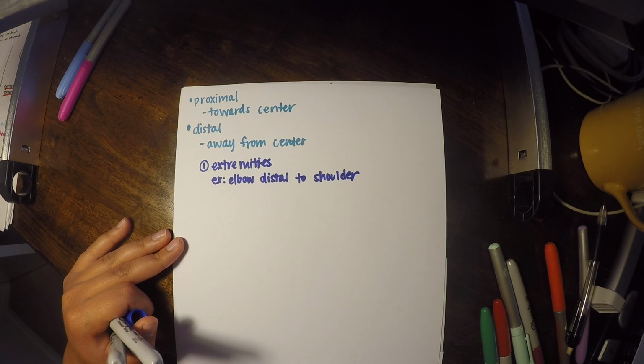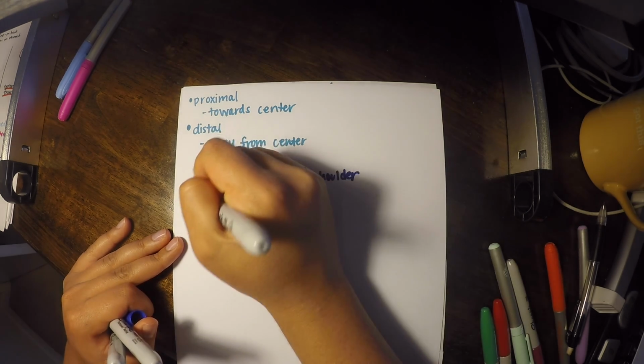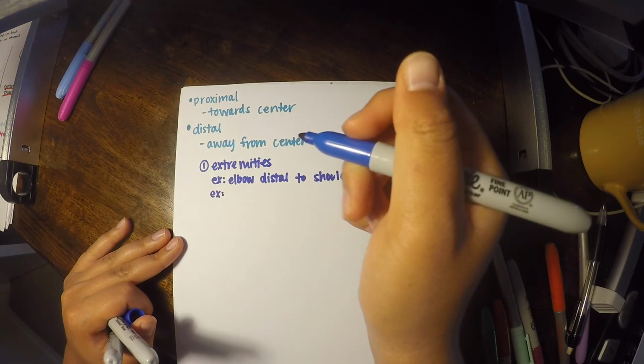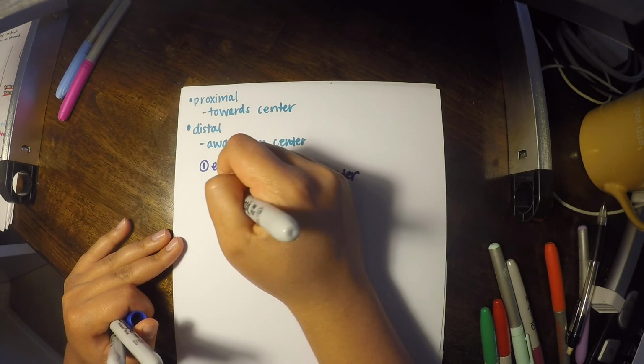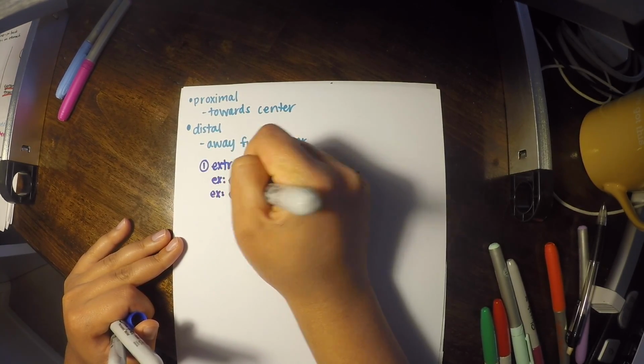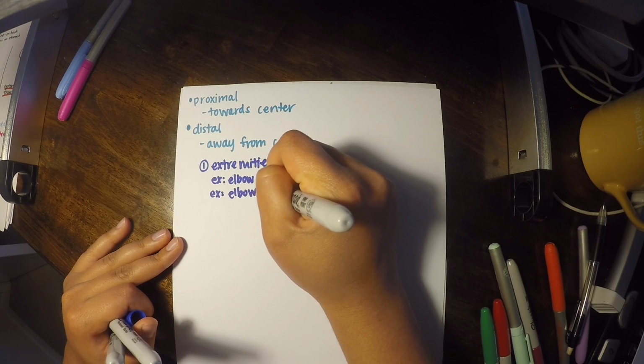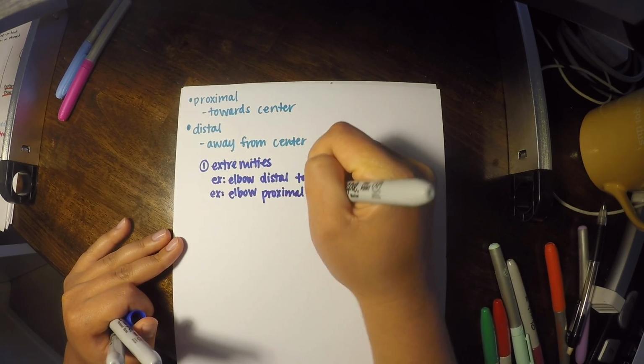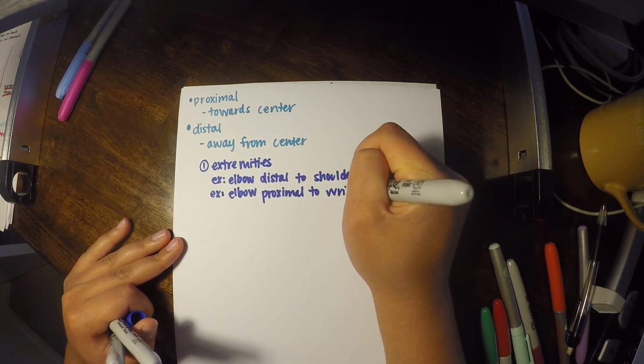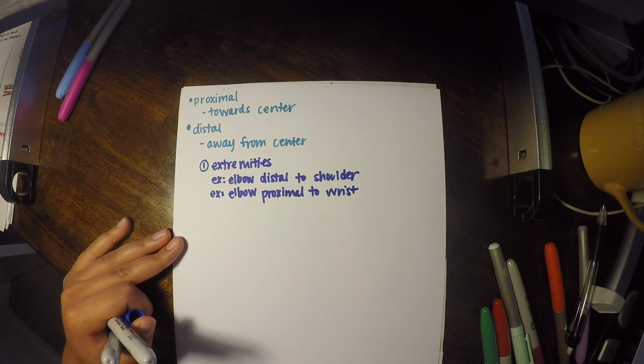So your elbow is further away from the center of your body than your shoulder is. But we can also talk about another example with proximal. So your elbow is proximal to your wrist because your elbow is closer to the center of your body than your wrist is.